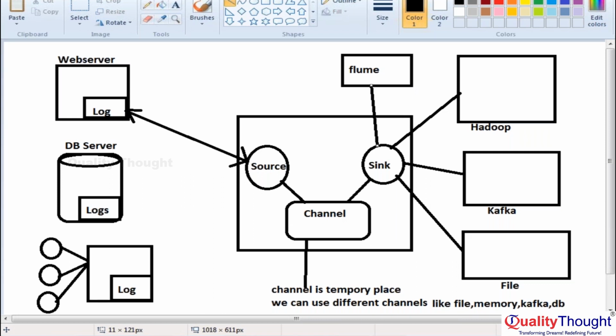Whatever sink you configure, it will write data into the specified location. If you configure a file, it writes into a file. If you configure Hadoop, it writes into the HDFS file system. If you use Kafka, it writes into a Kafka topic. We can create a Kafka topic, right? We configure a particular Kafka topic with the sink, then the sink writes into that topic. Okay?